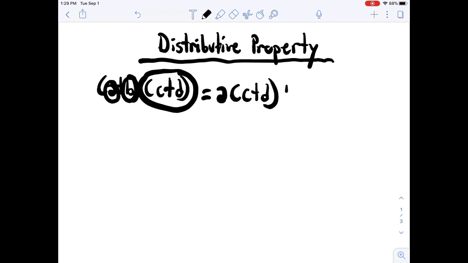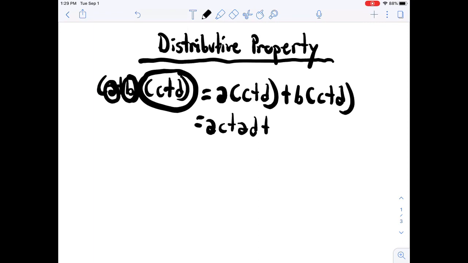So a times c plus d plus b times c plus d. And so from here, it equals ac plus ad plus bc plus bd.